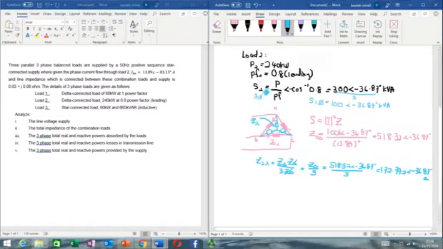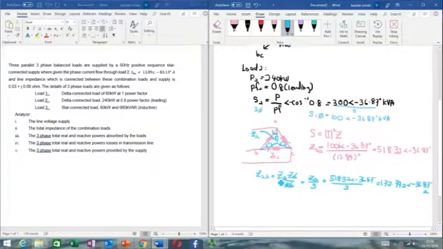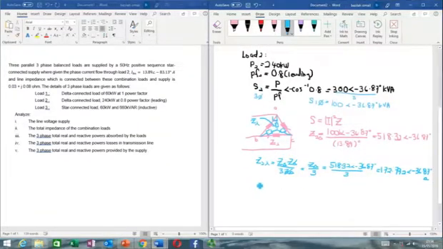Now we already have the information of IAB, and we know the impedance of this delta impedance. So we can calculate VAB.